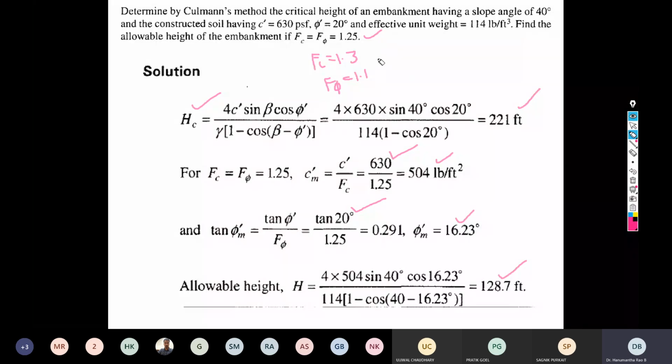So for these two cases: case 1, where Fc is 1.3 and Fphi is 1.1, try to determine the allowable height. Now just try to reverse it, so Fc is 1.1 and Fphi is 1.3. What is the allowable height? Can anybody quickly calculate and tell me?